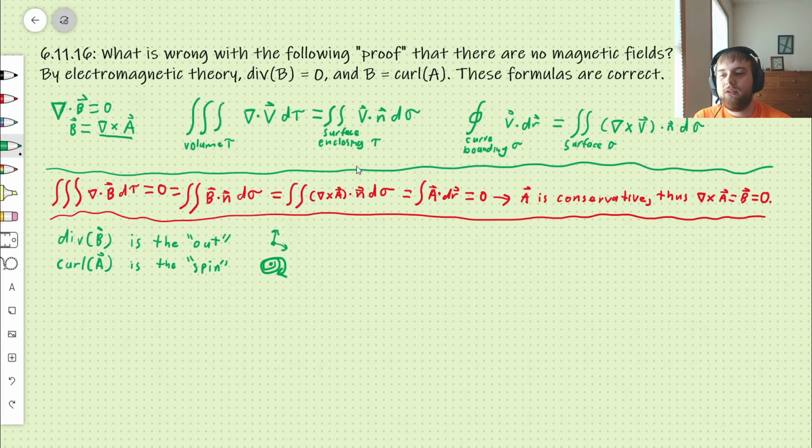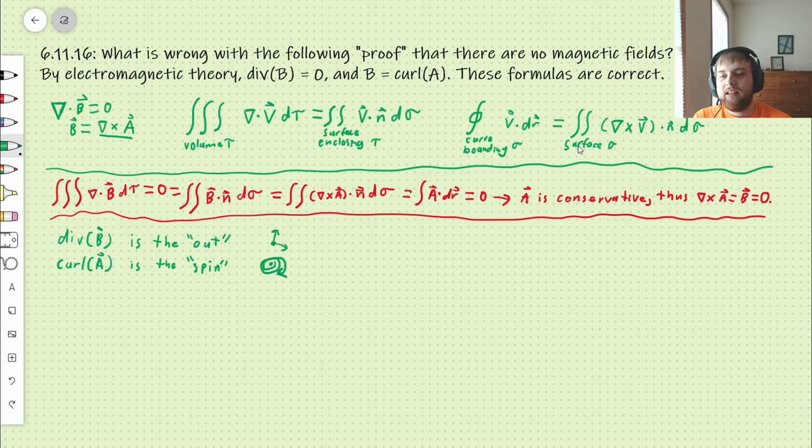And that's what's important here: you can't substitute in here, because for this part of the equation, we're talking about enclosed surfaces, which is why we could make that substitution. But then, between this step and this step, we're assuming that the surface is not fully enclosed. We're assuming it's an open surface.